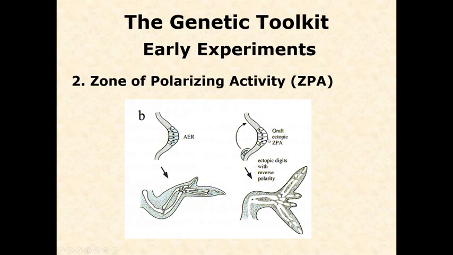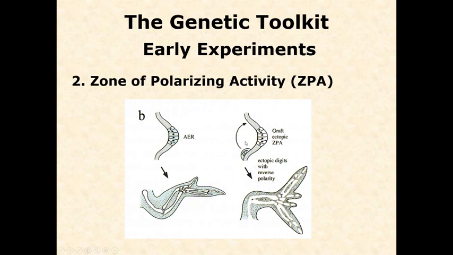And so just like the AER signals proximal to distal, this zone of polarizing activity signals what side is going to be the posterior side, the tail end basically of the limb, or the hind part of the limb, and then the front end near the head, the anterior.